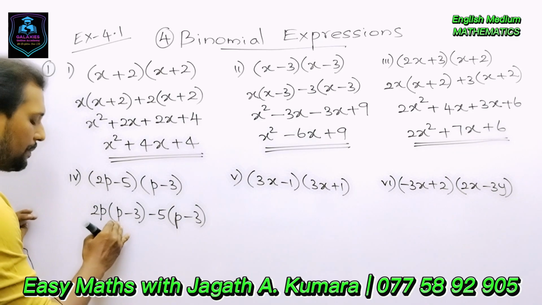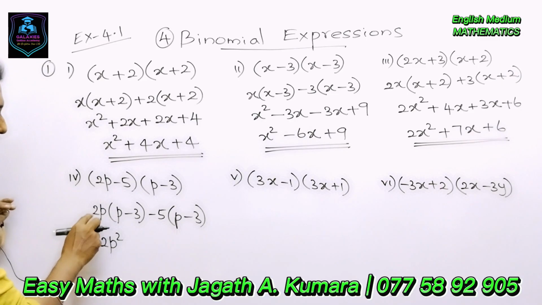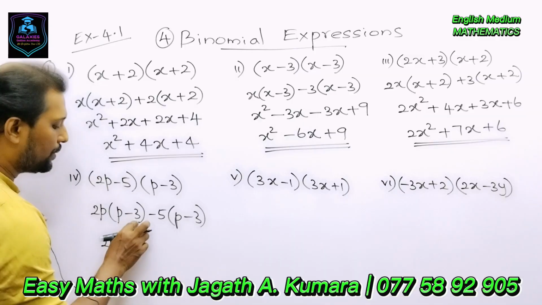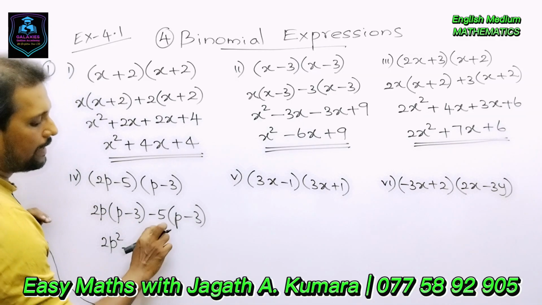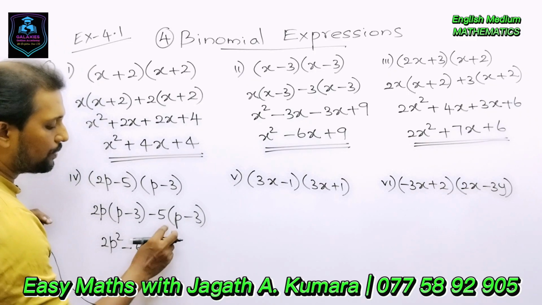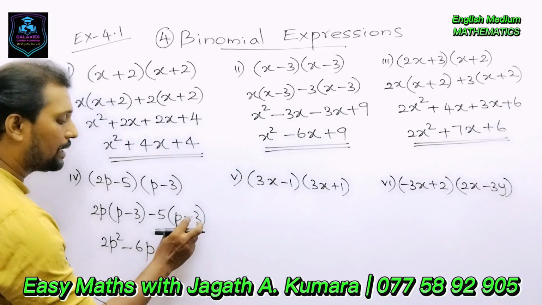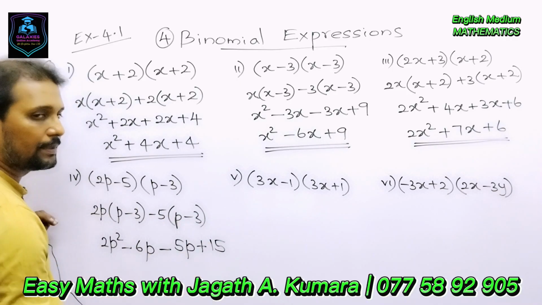Positive 2p multiply positive 2p, 2p squared. Positive 2p multiply negative 3, negative 6p. Negative multiply positive, negative, 5 multiply p, 5p. Negative multiply negative, positive, 5 multiply 3, 15.